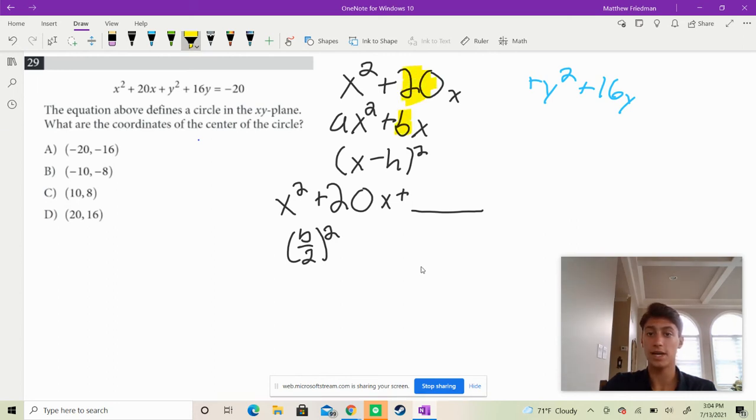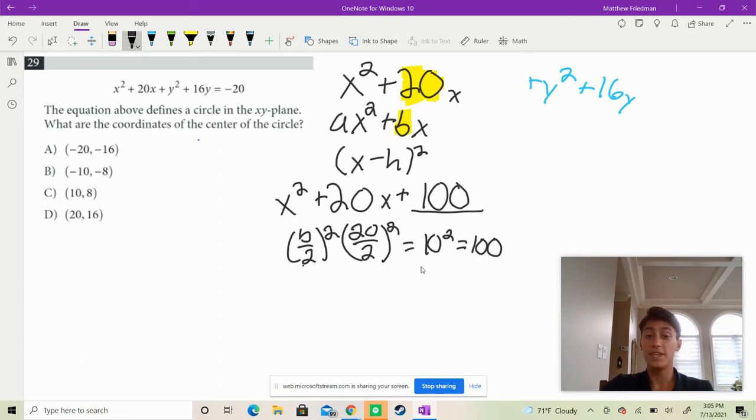So we take 20 over 2 and square it, which equals 10 squared, which equals 100. So we plug 100 into here.